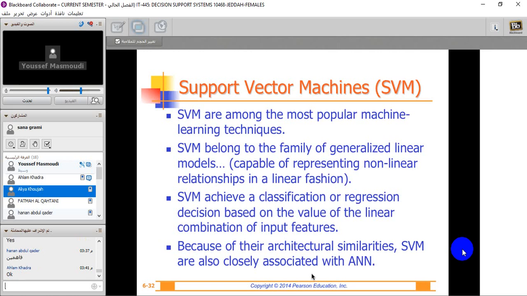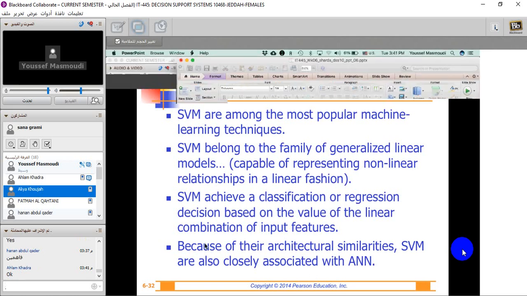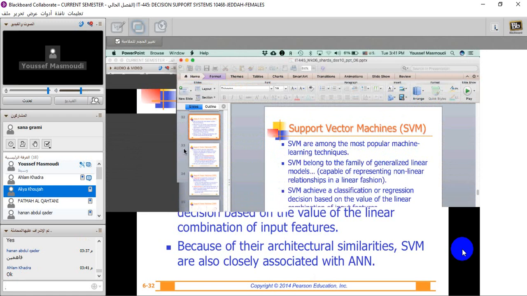الهدف من هذا الالجوريثم انه نحصل على hyperplane. Okay, let me explain this on the whiteboard.